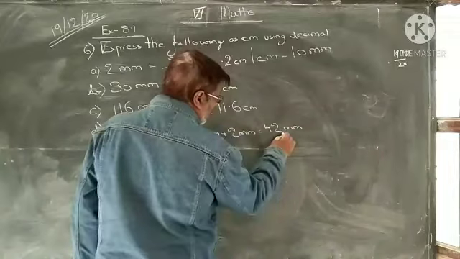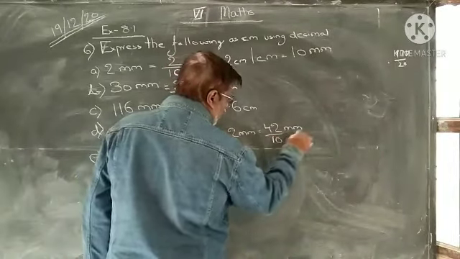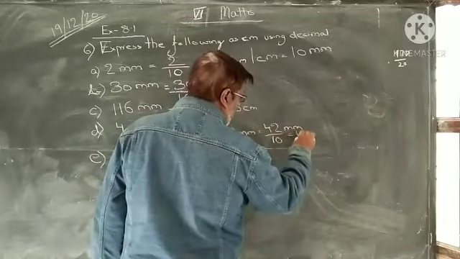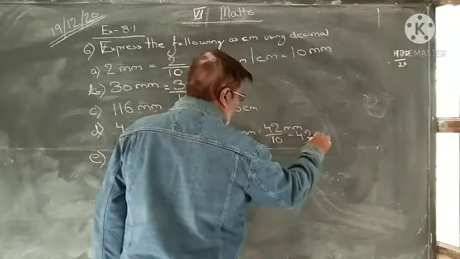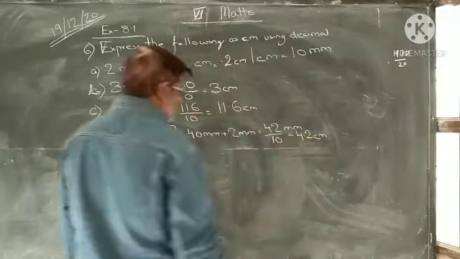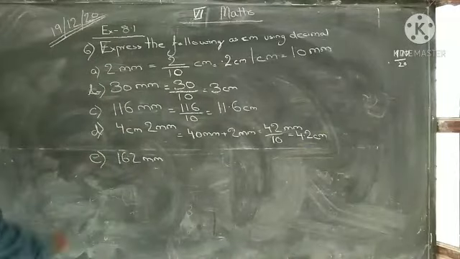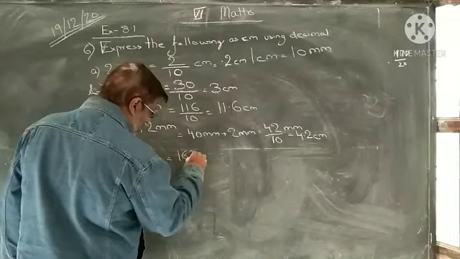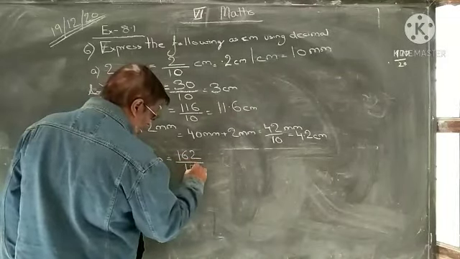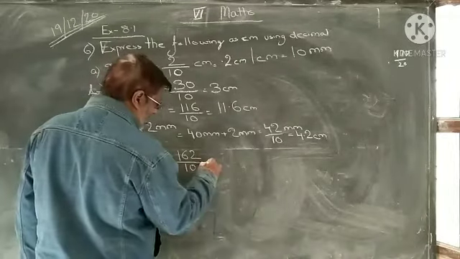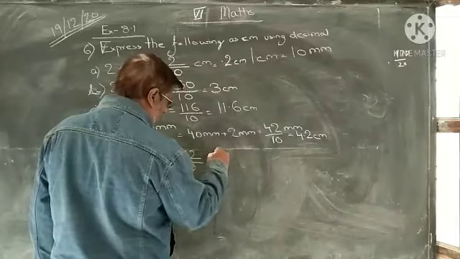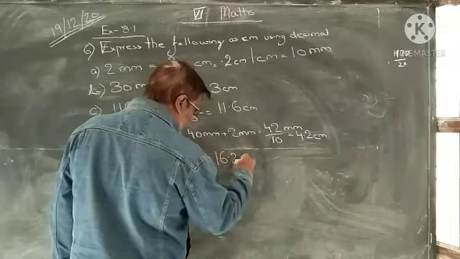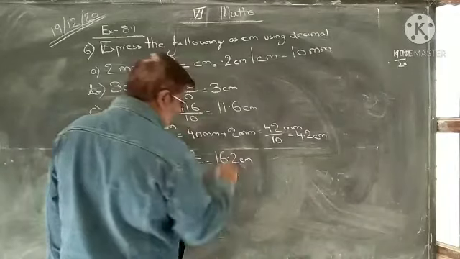Now divide this 42 by 10, you will get 4.2 centimeter. 162 millimeter, divide 162 by 10, it will come as 16.2 centimeter. How?